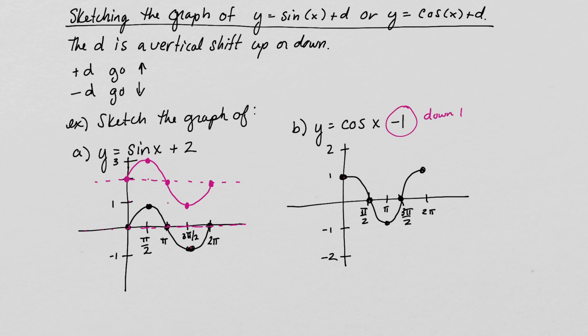So each of these points is going to move down 1, down 1, down 1, down 1, down 1. And again, that center axis is going to move down 1. And so we're talking about a graph that looks like that. So the vertical translation, so moving a graph up or down, actually isn't too bad.